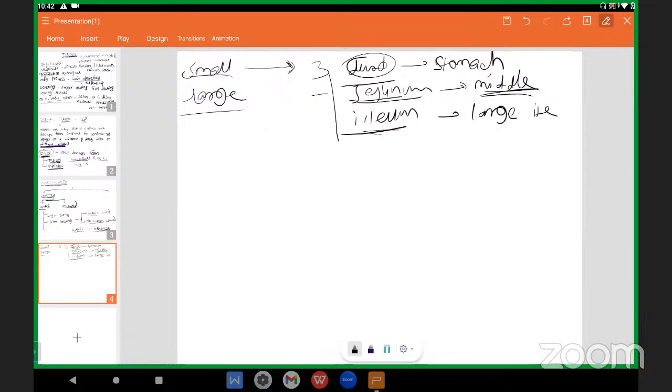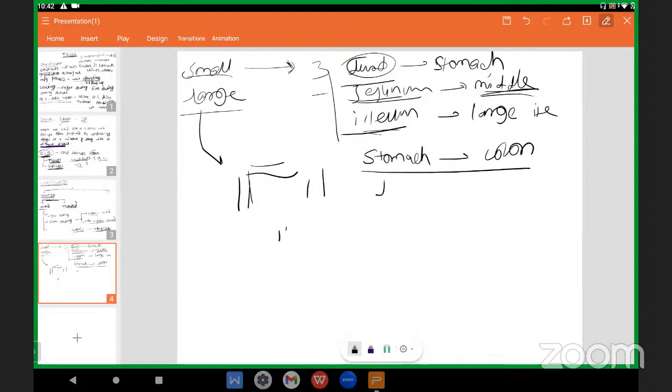After that, in the large intestine there will be the ascending, transverse, descending and then colon. These are the four parts of the large intestine. If you see the intestinal journey from the stomach to the colon, the pH range here will start from acidic or most acidic to the basic, okay?